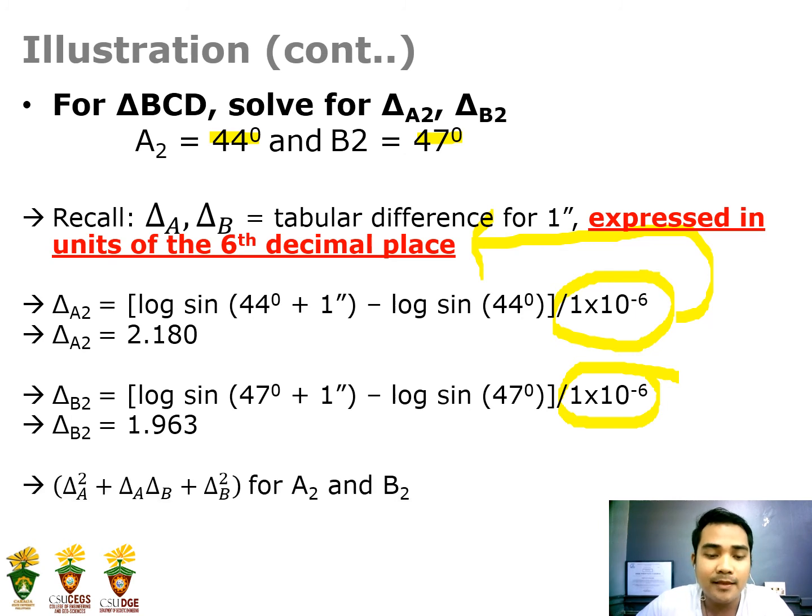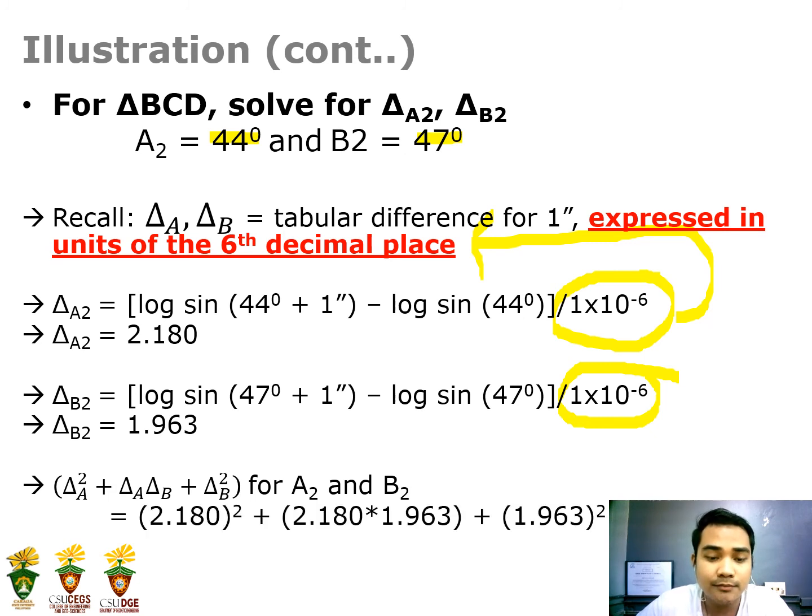And next thing that you should do is to get this change in A squared plus change in A times change in B plus change in B squared for the second set of the distance angles, or A2 and B2. Substitute the value of change in A2 and change in B2.